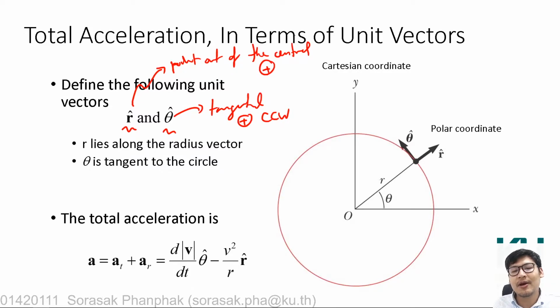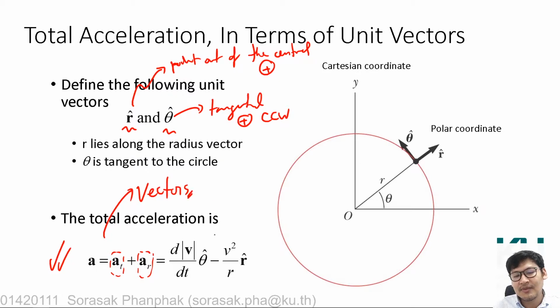Vice versa, if it points inward toward the center, it's going to be a minus sign. If it's clockwise, theta hat is going to be a minus sign. And the total acceleration is the sum of the tangential acceleration and the radial or centripetal acceleration. Make sure you sum it as a vector, because these are all vectors.